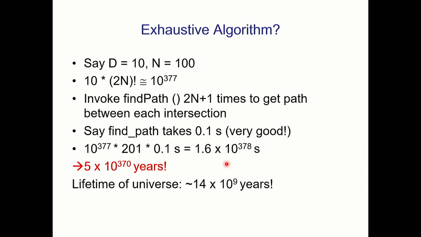And that translates to 5 times 10 to the 370 years. If you look at the lifetime of the universe, it's actually 14 times 10 to the 9 years. So this number is significantly longer than even the lifetime of the universe, so you probably can't even find the best solution while the Earth is alive, right?